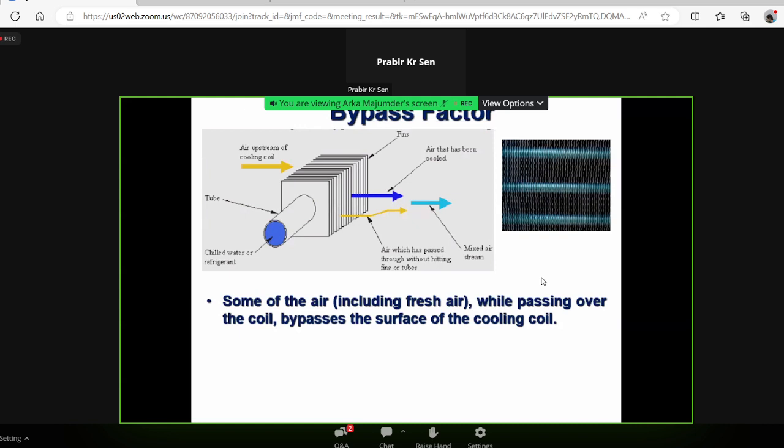In general, about 12% of the total air being passed over the cooling coil bypasses it. So we call the bypass factor 0.12.